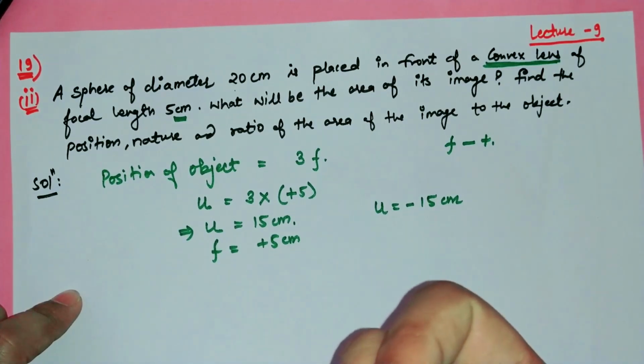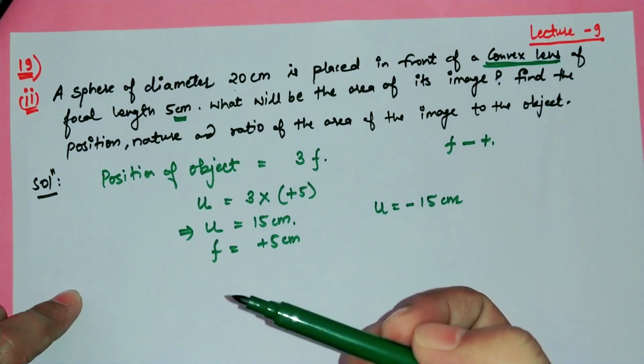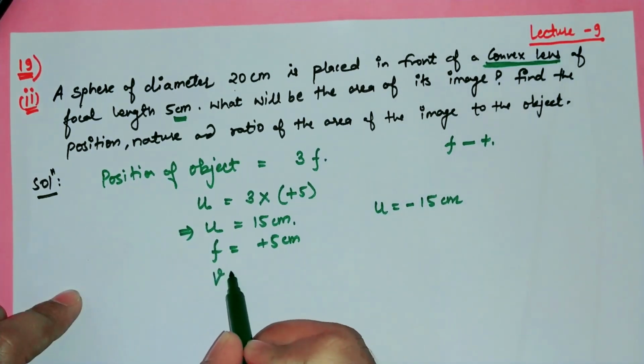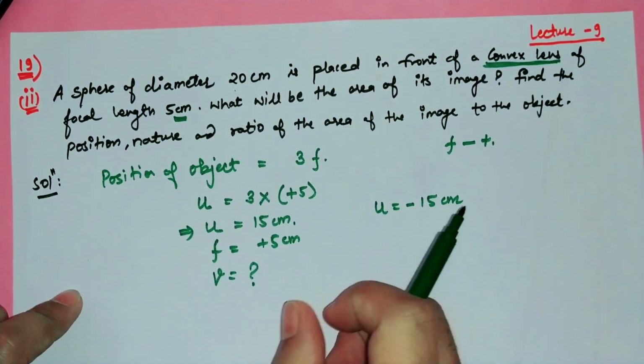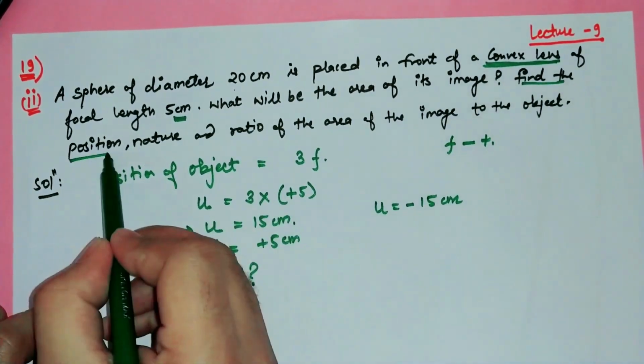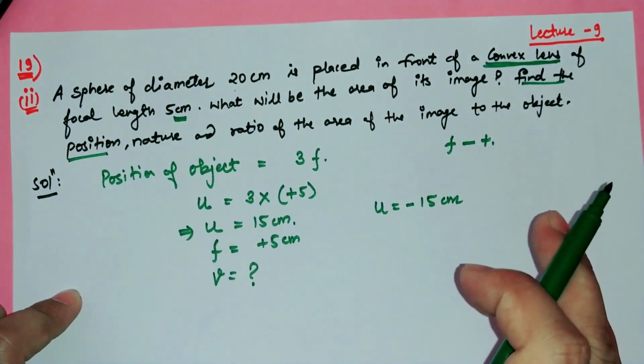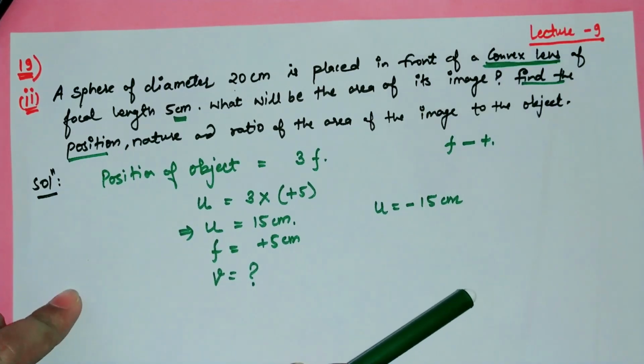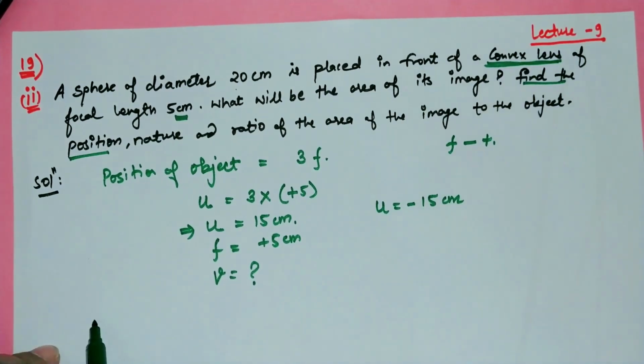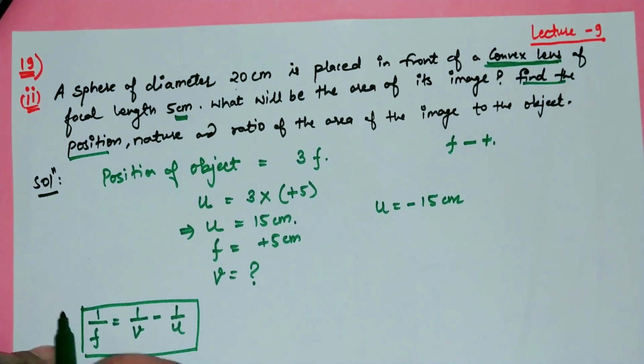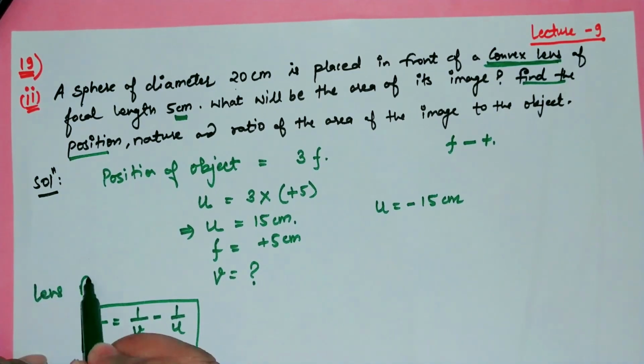First we have to calculate v. Where will our image be? We have to find the position of the image. From the lens formula we know that 1 upon f is equal to 1 upon v minus 1 upon u. This is the lens formula.